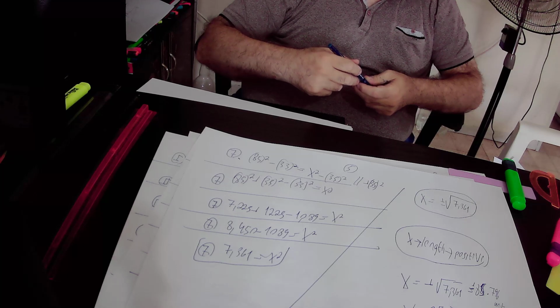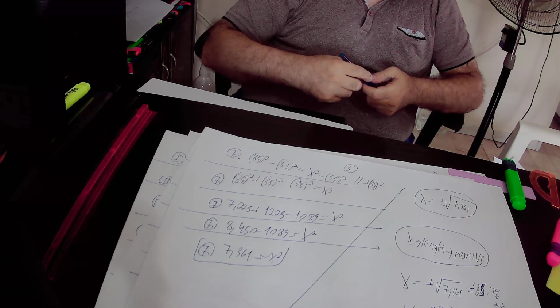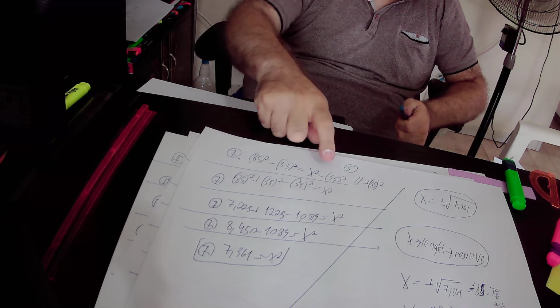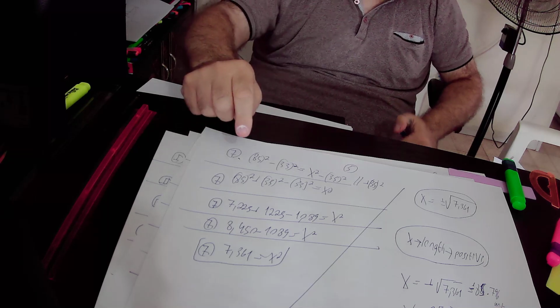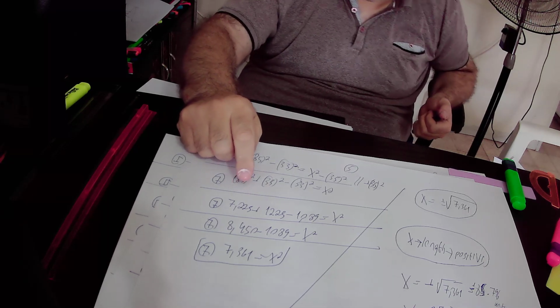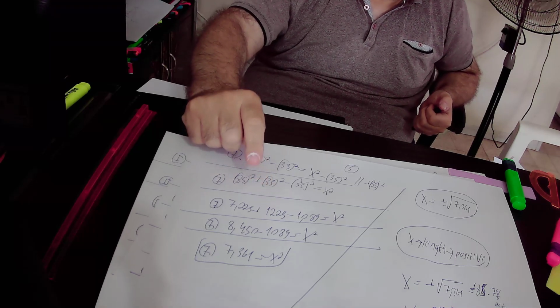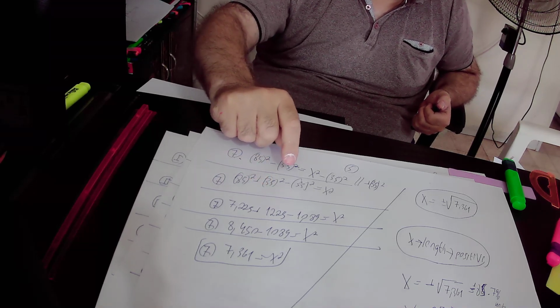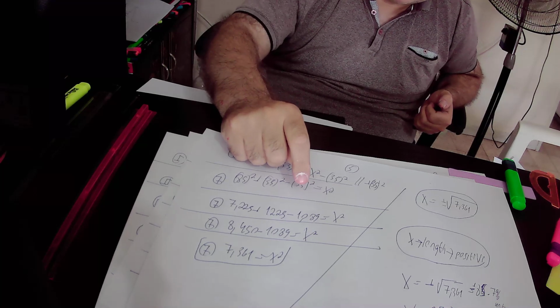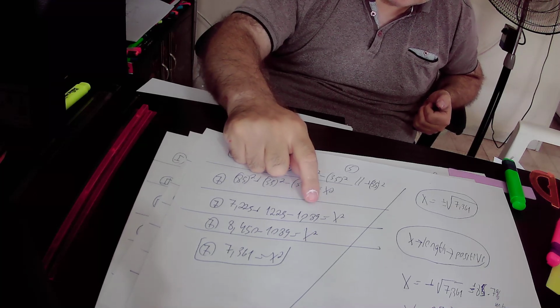equation number 7, and found out that 85 square plus 35 square minus 33 square equals x square. 85 square is 7,225, 35 square is 1,225, minus 33 square, that is minus 1,089.